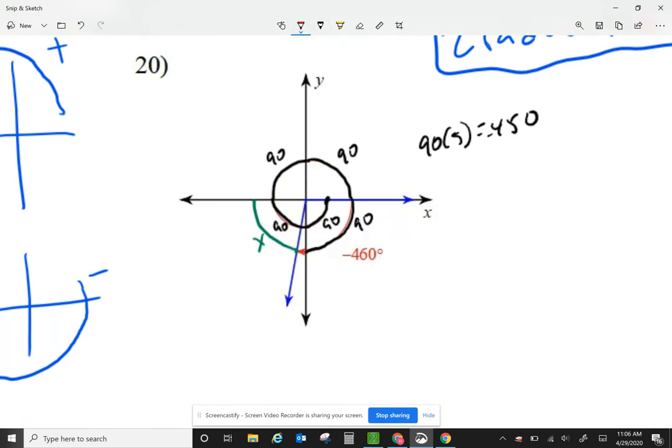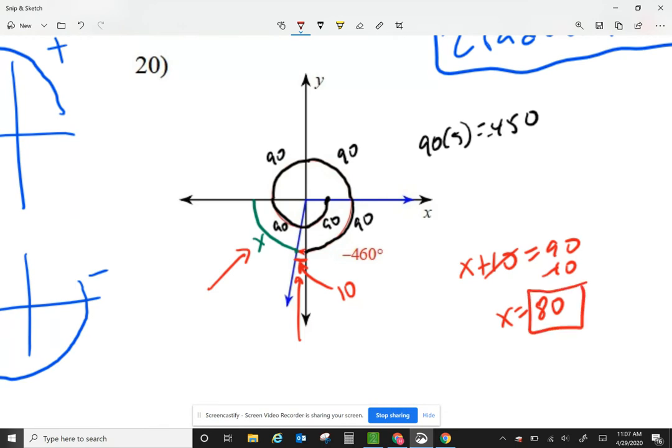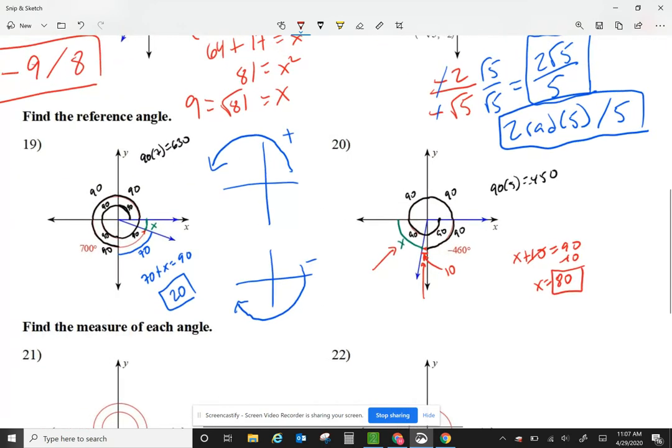So far, I've gone 450. So I am going to say that this measurement in red is 10 degrees. I've gone 450 out of the 460. So that is 10. And I know that x plus 10, what I mean by x, I'm talking about this x, and then this 10. x plus 10 is 90. Subtract 10 from each side. x is 80. So the angle that I'm looking for, my reference angle in this case, it's 80.